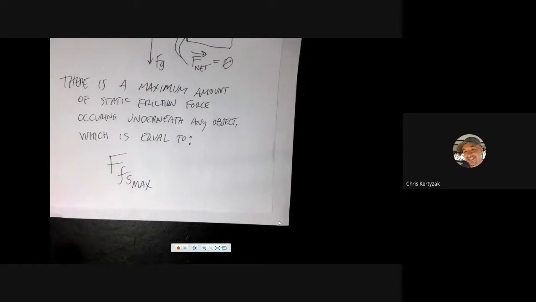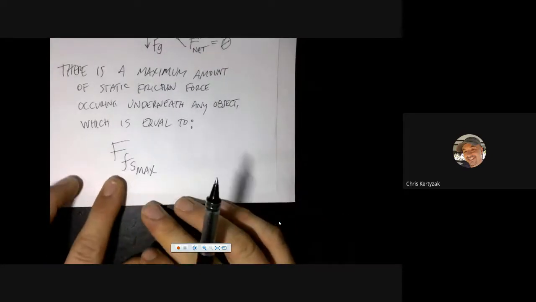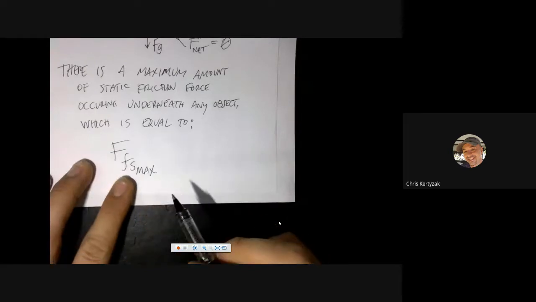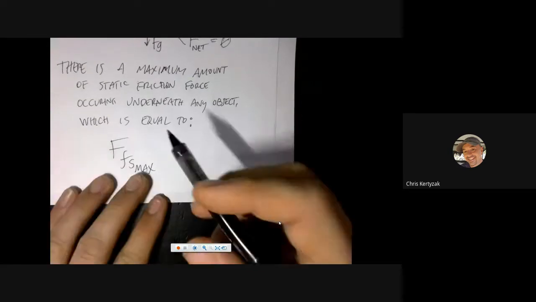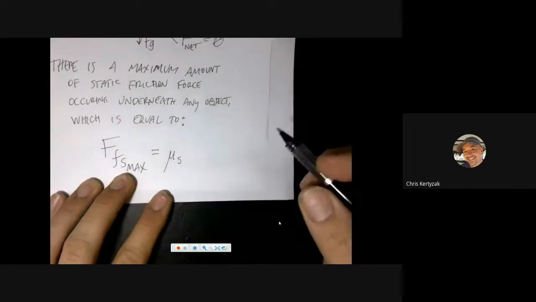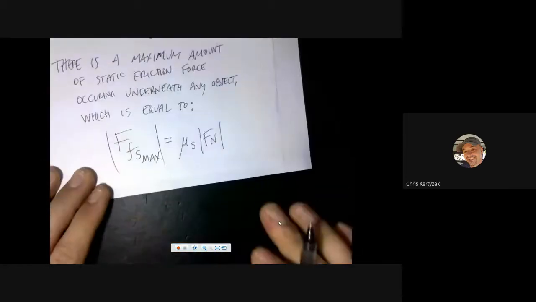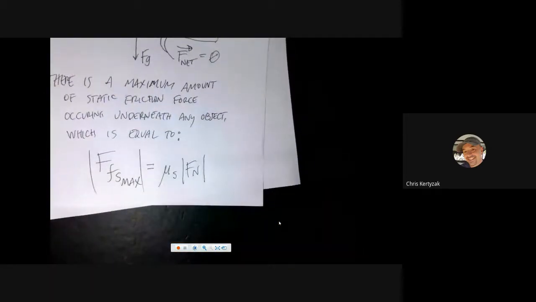Usually the part of interest is what is that maximum amount of force between two objects that's considered static friction force? It's equal to the coefficient of static friction times the magnitude of the normal force. And I can put magnitude symbols around that just to say total quantity.